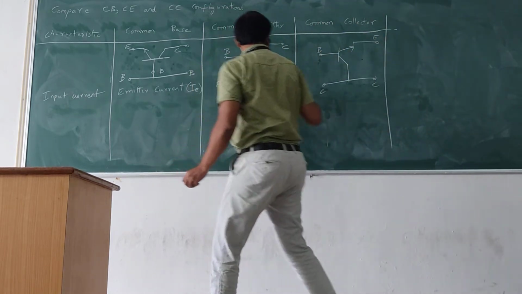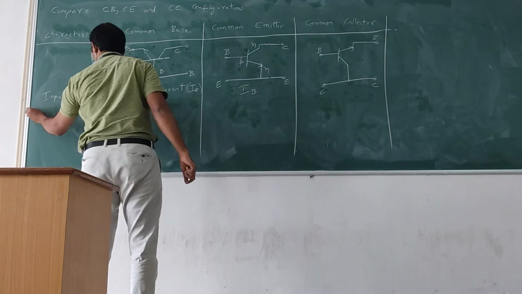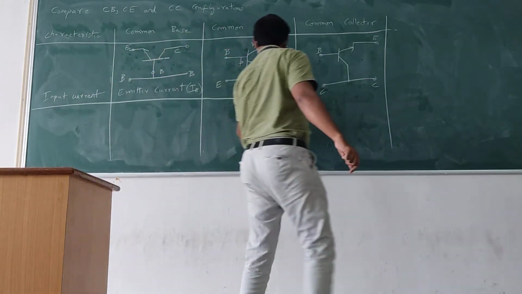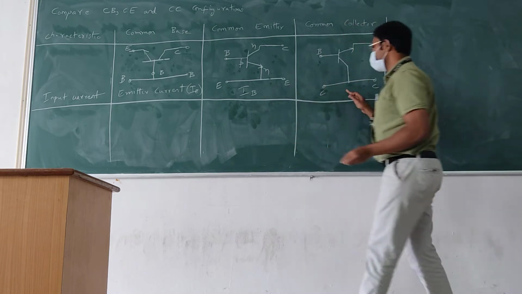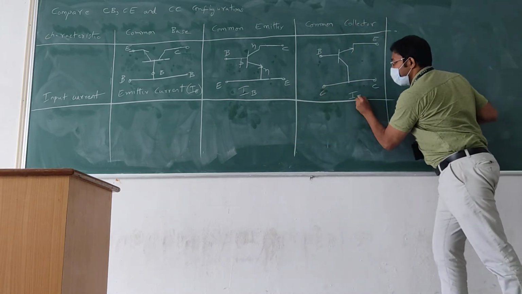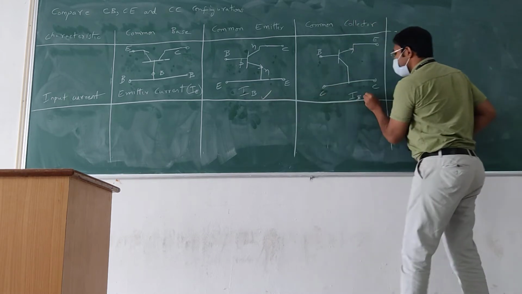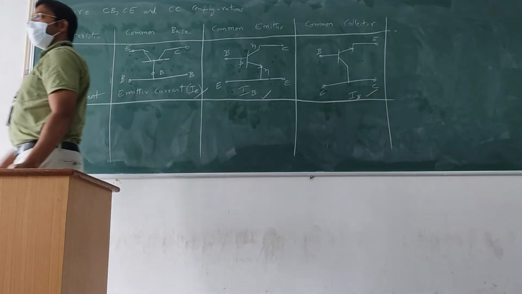Then what is the input current for this case? IB. Okay, so these are the input currents for the three cases.